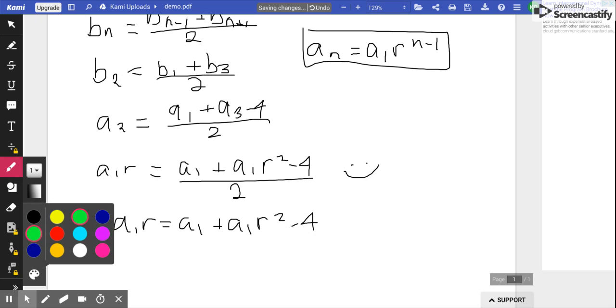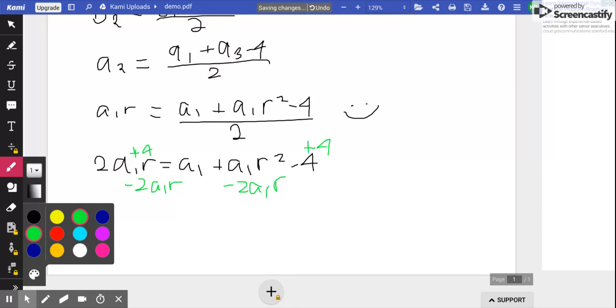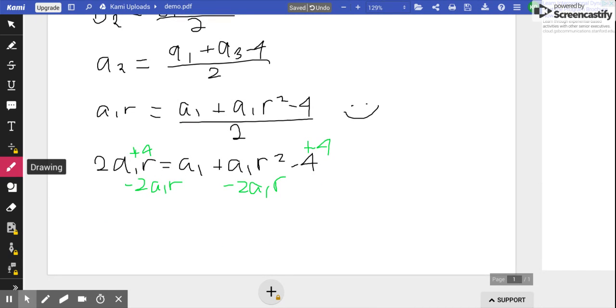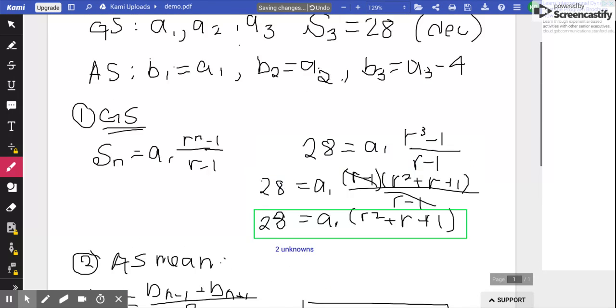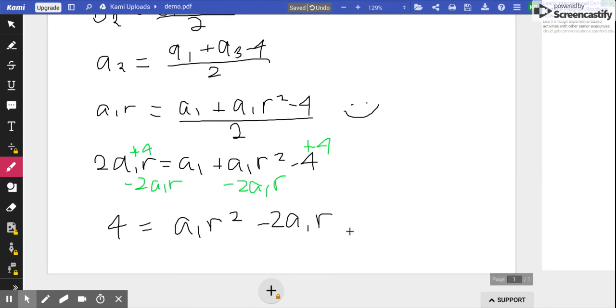On the next line, I'm going to do plus 4 on each side, so that I have my number on this side, and minus 2a1r on each side, so that this way it's exactly in the form that I need. Okay, so we get 4 equals, let me put it in decreasing order of powers, a1r squared, minus 2a1r, and then finally plus a1. Okay, that's pretty good.